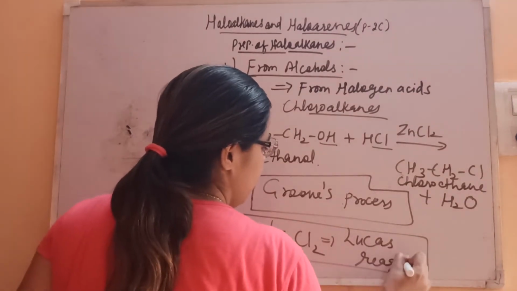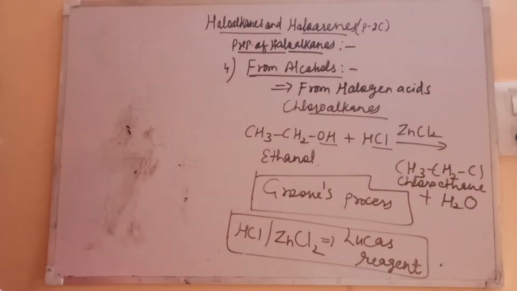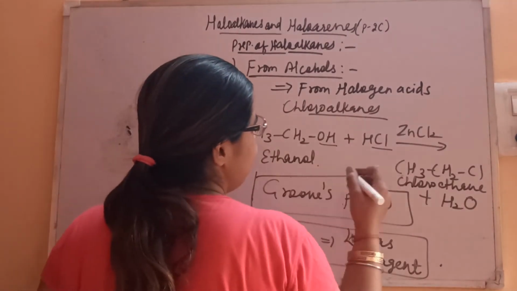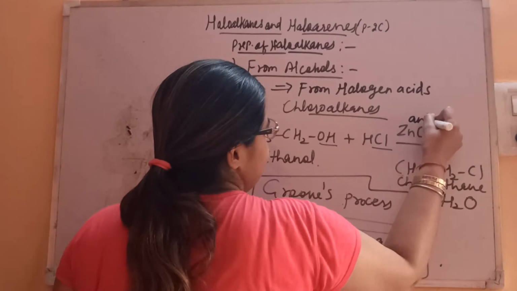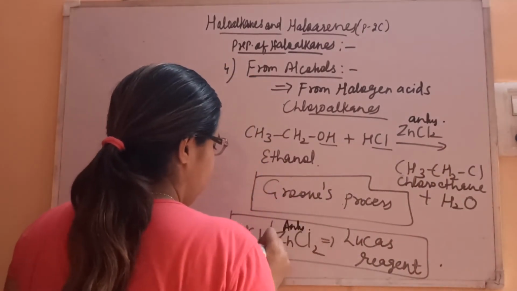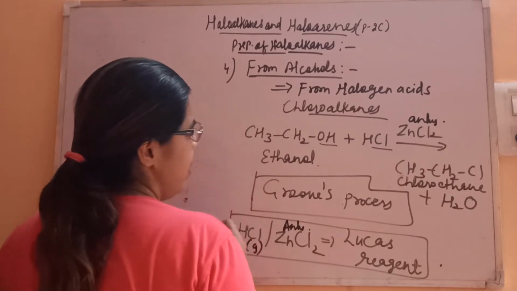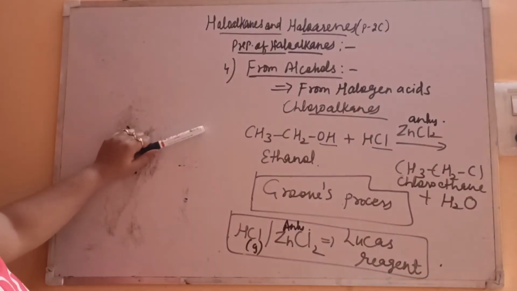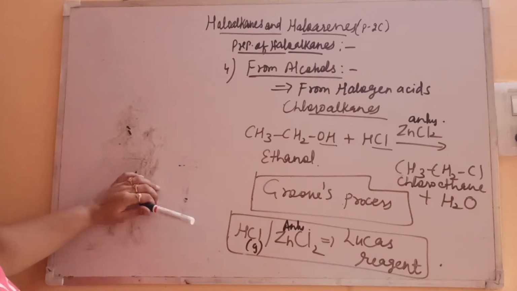Basically, this is the hydrogen chloride gas that we are passing, and anhydrous ZnCl2. It's anhydrous, and you can mention the gaseous form over here. So this is Groove's process, and the reagent is Lucas reagent.